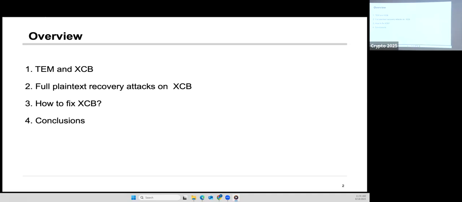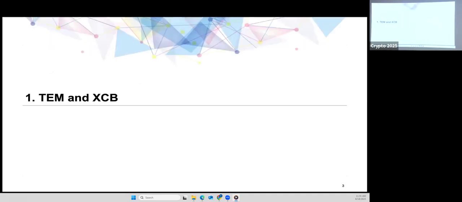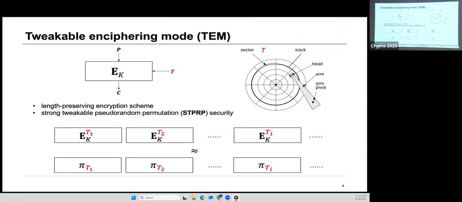Let me start with the outline. First, a brief introduction to TM and XCB. So what is a tweakable enciphering mode, or TM? TM is a length-preserving encryption scheme whose goal is to achieve security of STPRP.